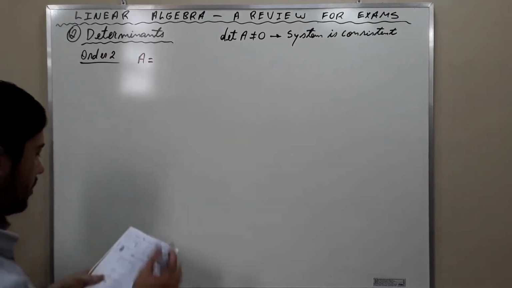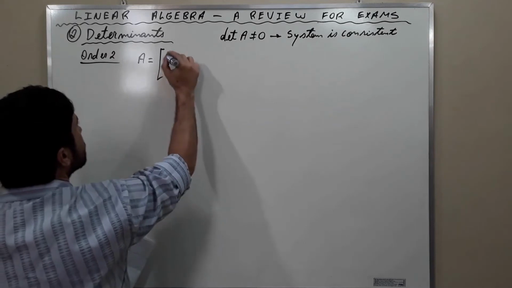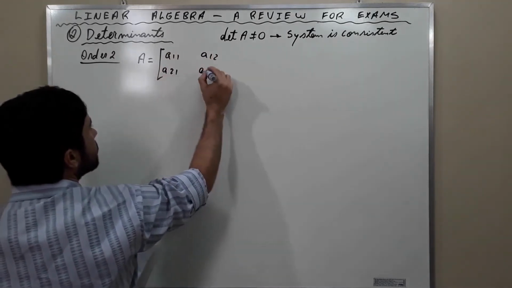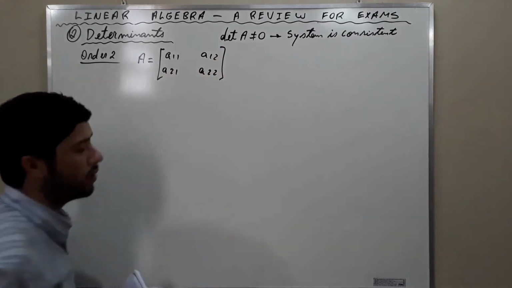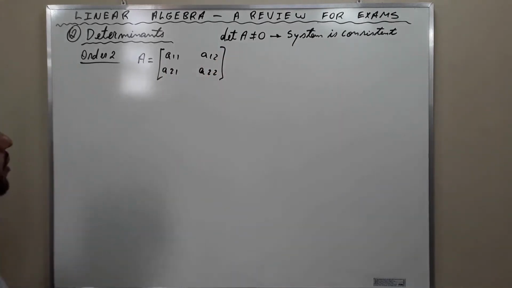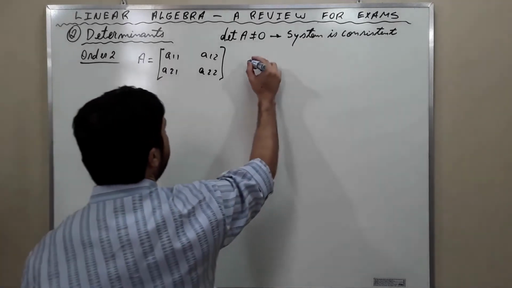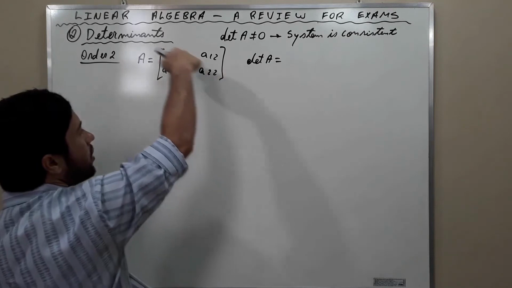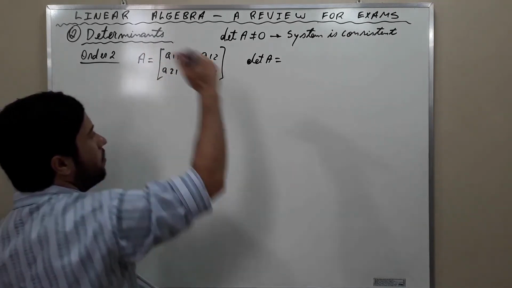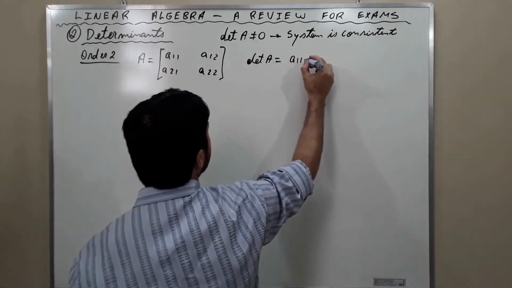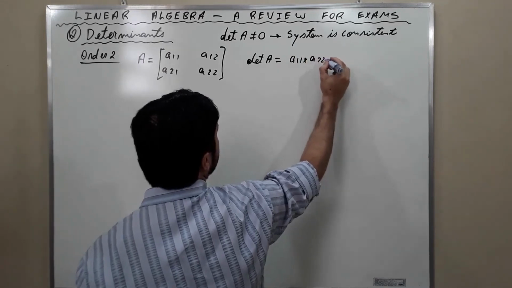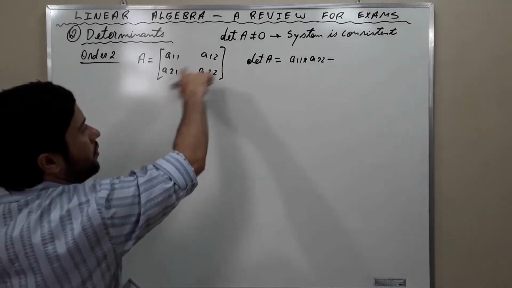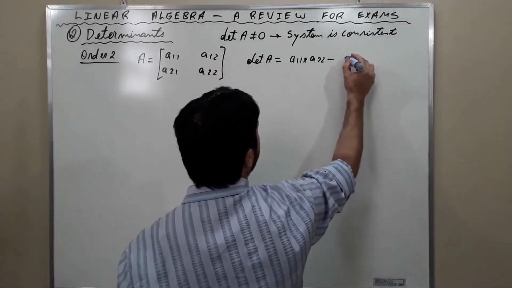Let A be the matrix, okay, the determinant of such a matrix is going to be the multiplication of these elements minus the multiplication of these elements.